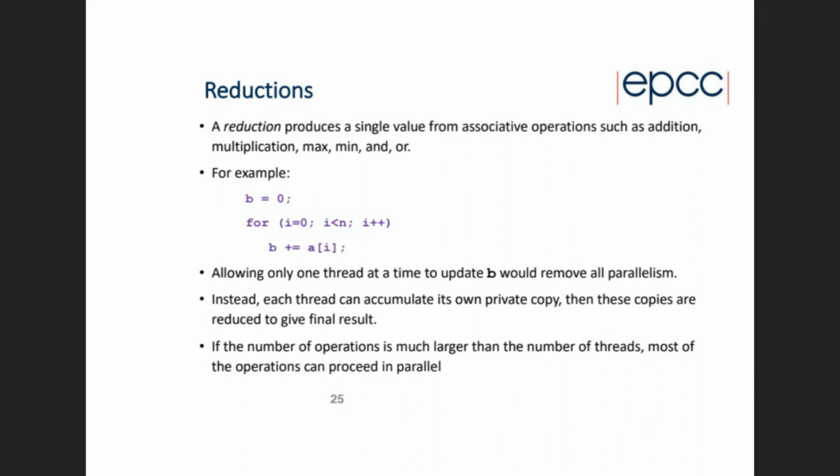What the reduction clause does is let OpenMP do the process for you of creating private copies, initializing them correctly, and then combining them at the end to form the complete sum.